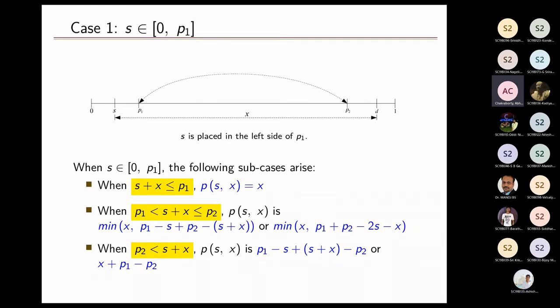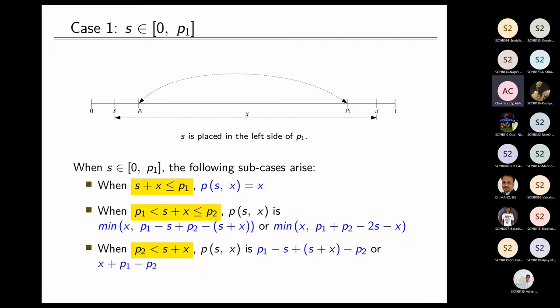Either the destination D can be between 0 and P1, or between P1 and P2, or between P2 and 1. So that's why we have 3 different cases: the first case, D between 0 and P1; the second case, between P1 and P2; and the third case, between P2 and 1.